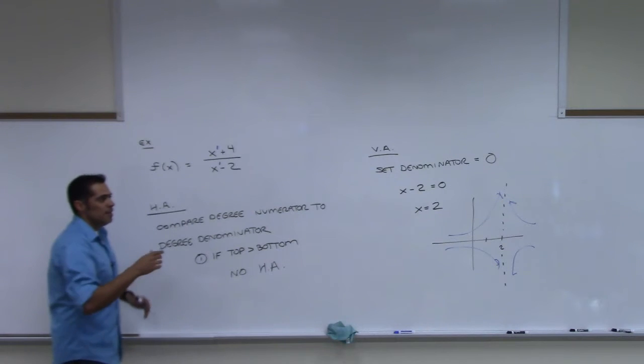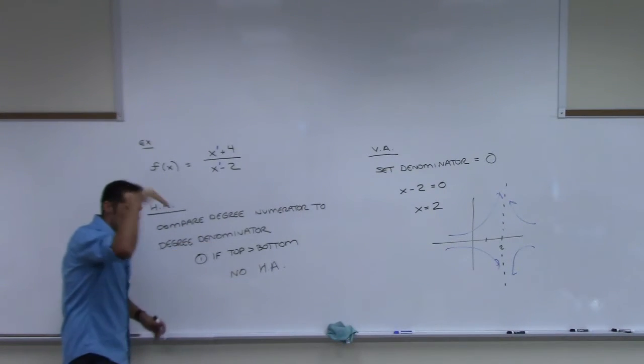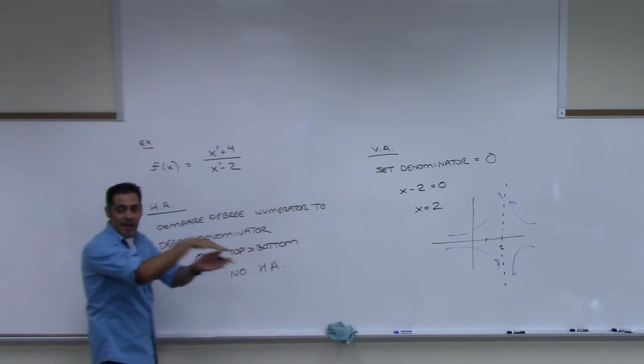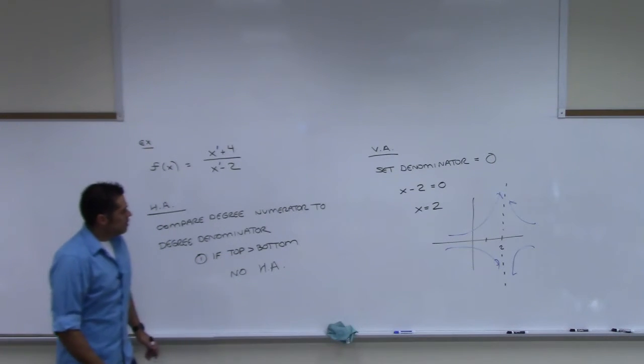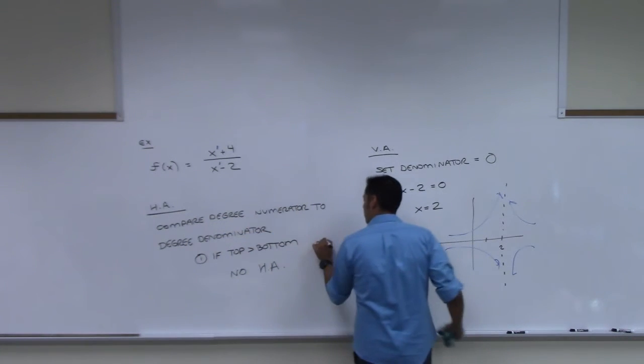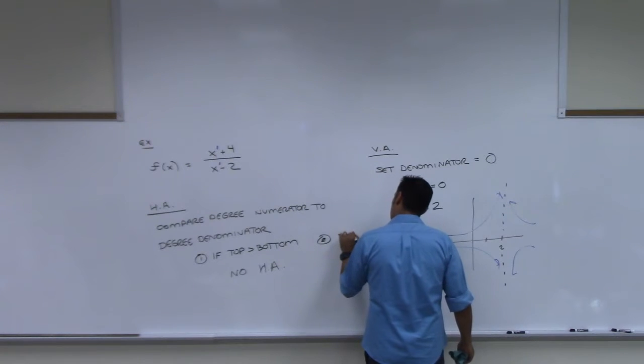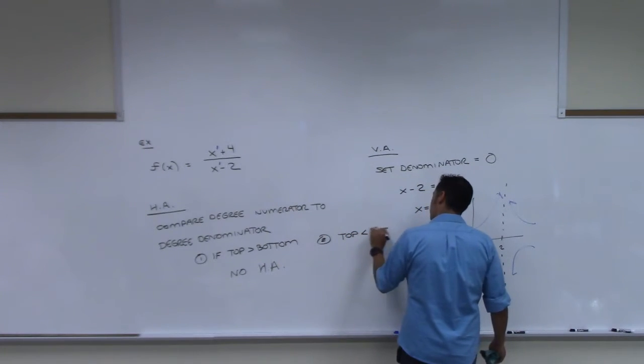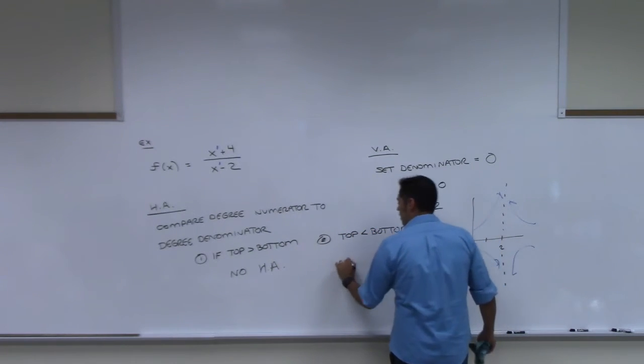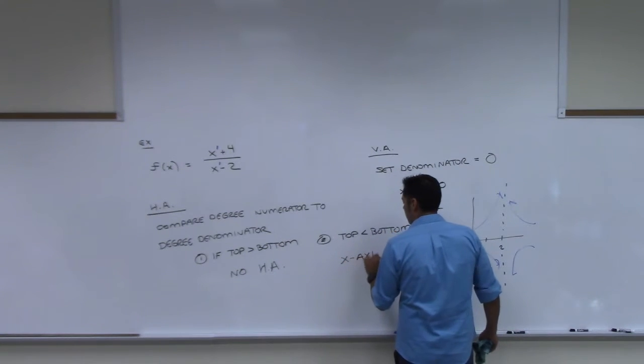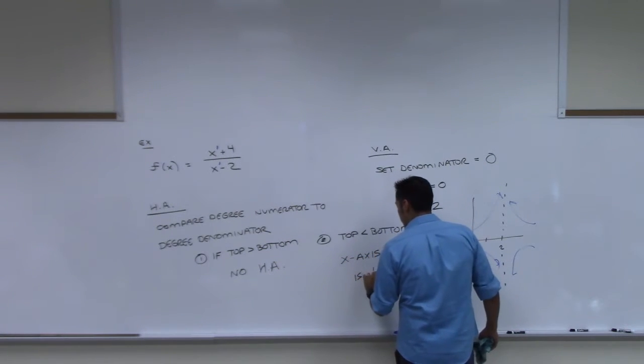It would not flatten out. If the top is less than the bottom, then the x-axis is the horizontal asymptote.